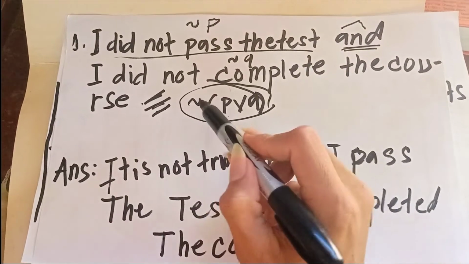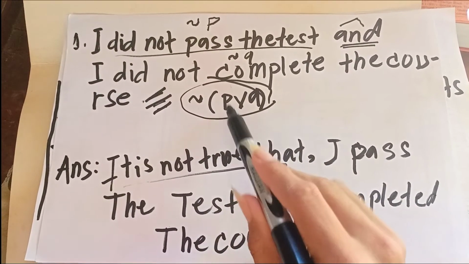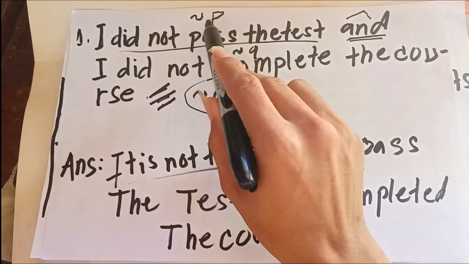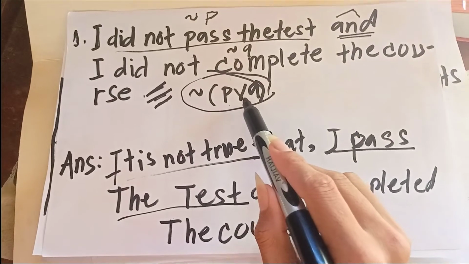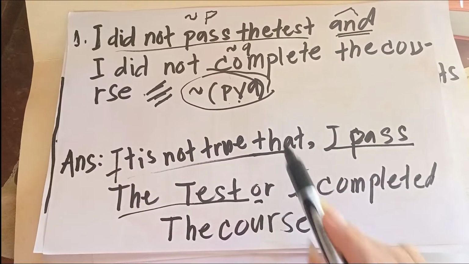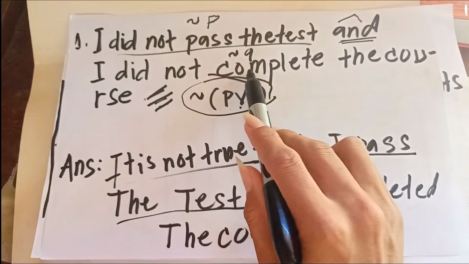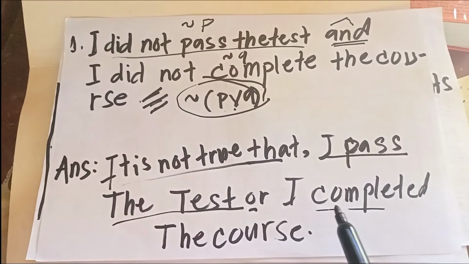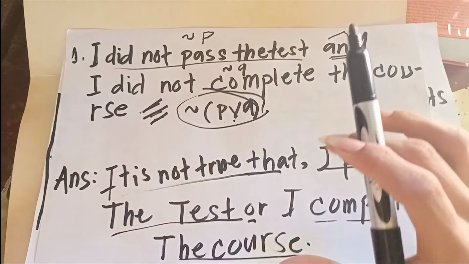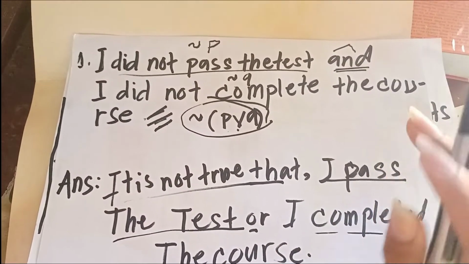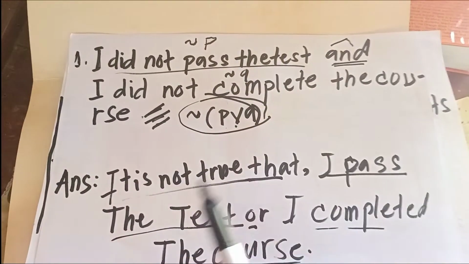So, we can see the negation is this. And then, our P here is the opposite, which is I passed the test. So, here it is. Then, our connective OR is here. Then, our Q, since the opposite of I did not complete the course is I completed the course. We can see the difference in the statements, but in reality, they have the same meaning.